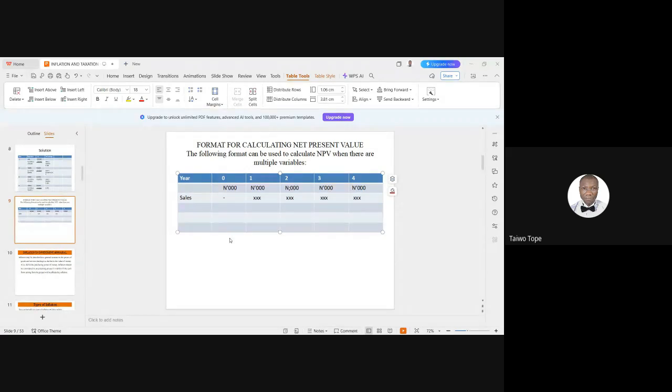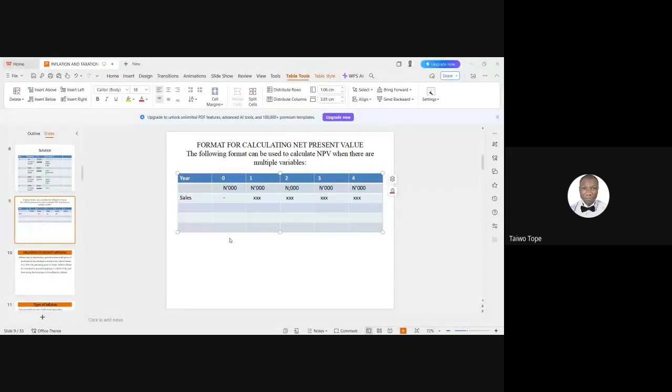So variable costs are relevant costs that can be directly attributed to activity level. If activity level changes, the total variable cost will also change. However, variable cost per unit does not change like that. So you must note that.